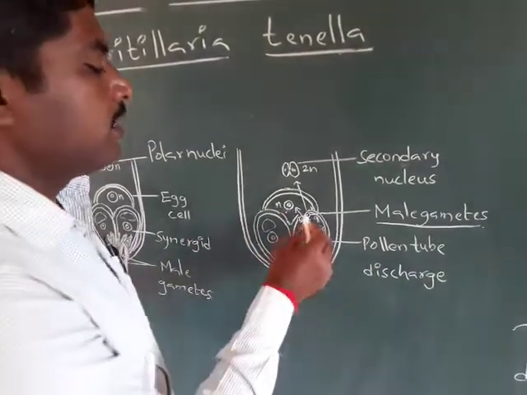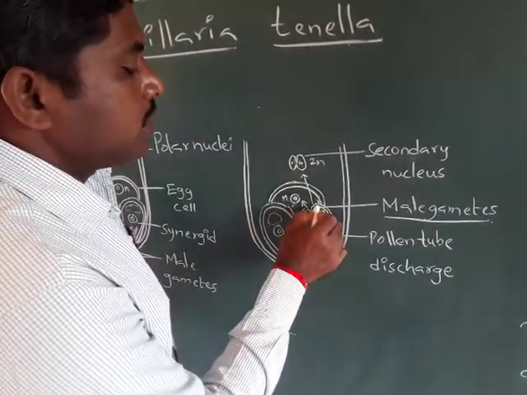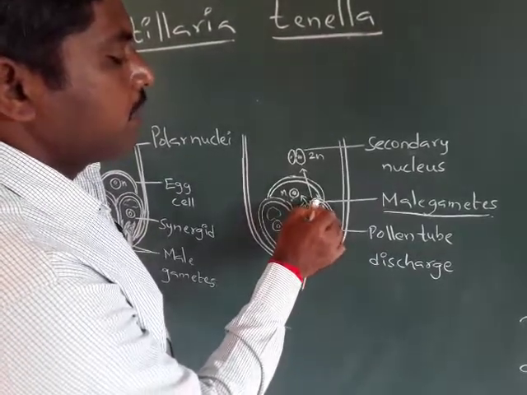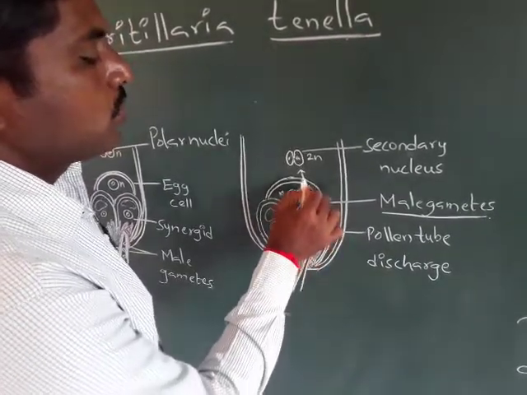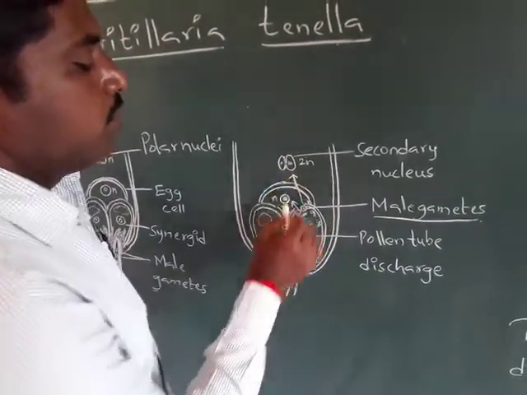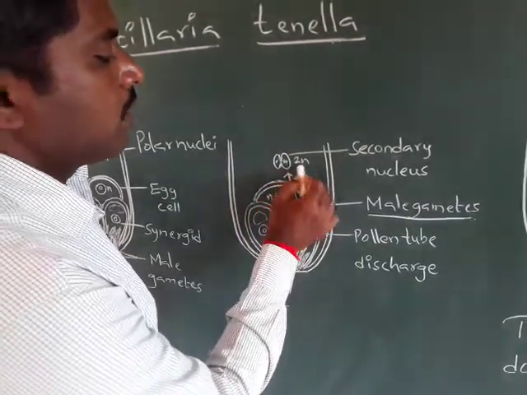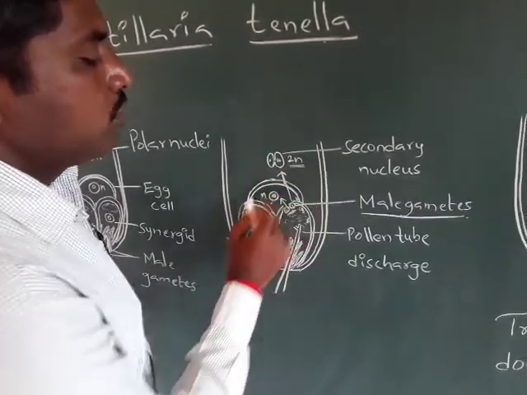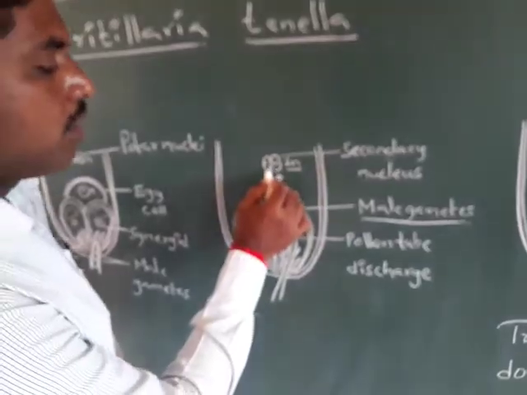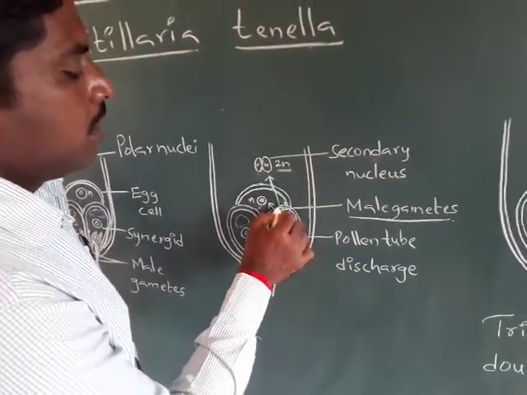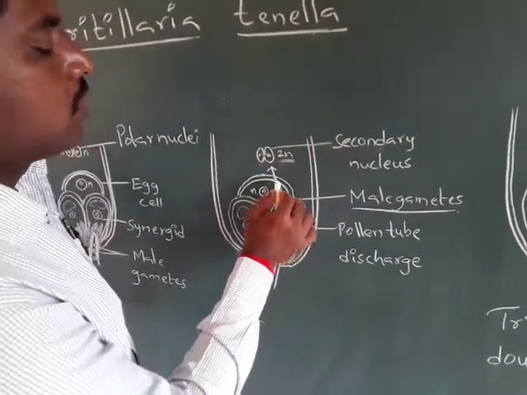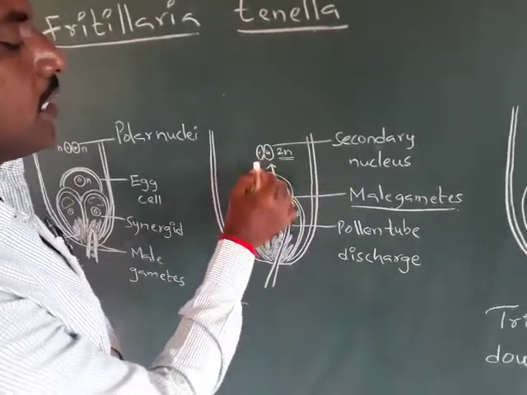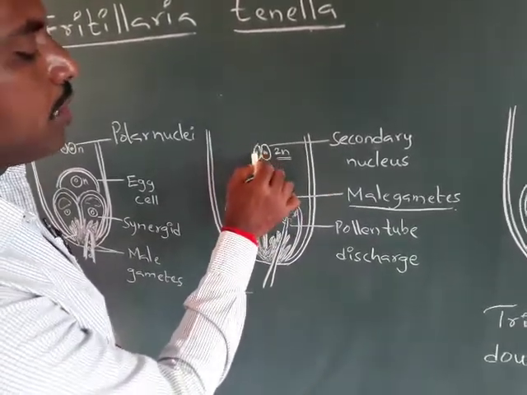Another male gamete goes towards the polar nuclei. There are two haploid polar nuclei. This male gamete moves towards the central cell and fuses with the two polar nuclei.